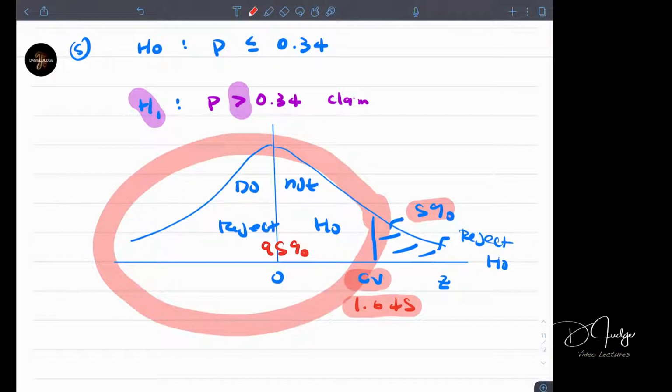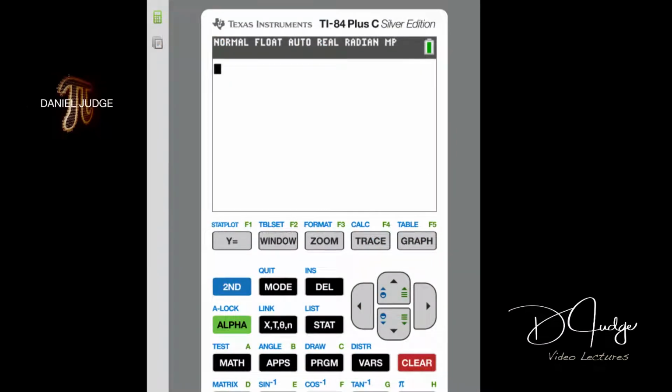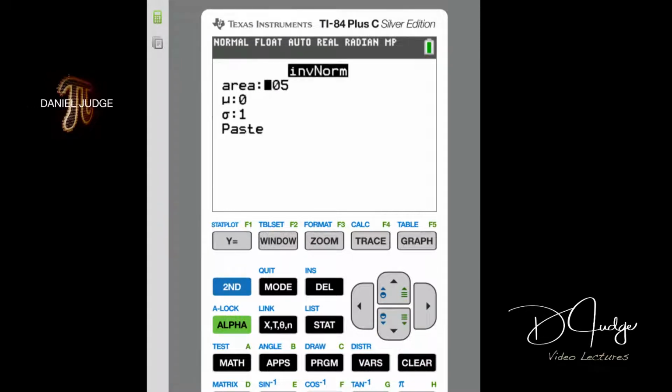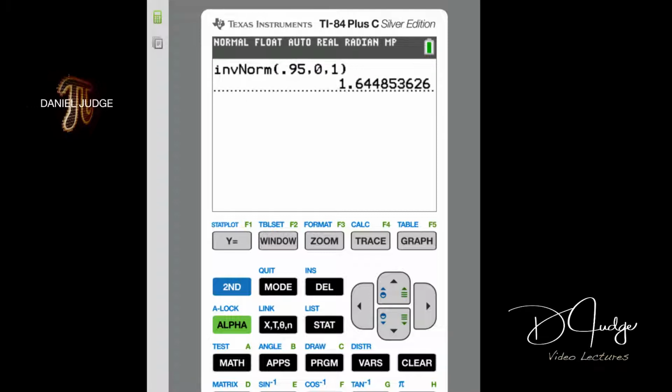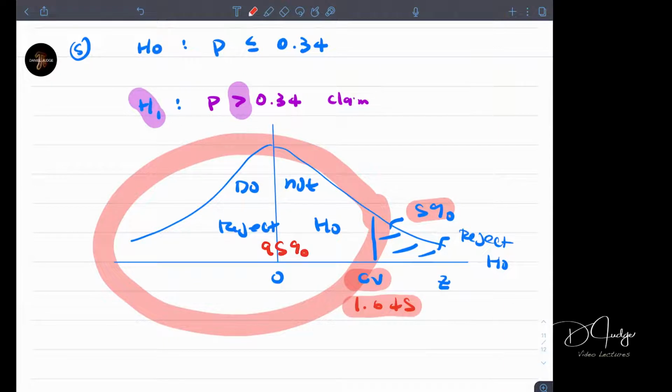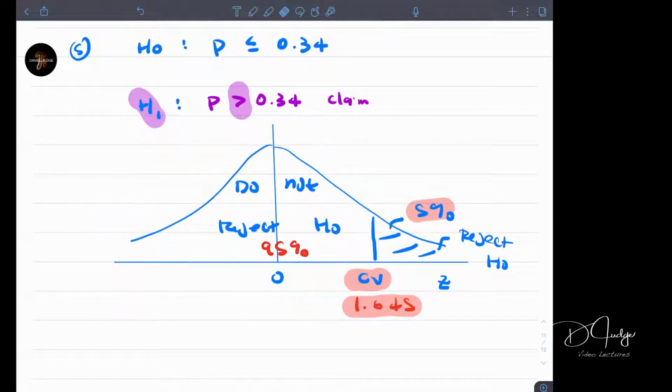So go over here. Second distribution, inverse norm, 95%, ladies and gentlemen. We're going to paste this. And again, you see 1.645 there. All right. So ladies and gentlemen, either way would be fine, using the default or not. And, you know, I've done it both for you here. All right. Okay. Pretty good.